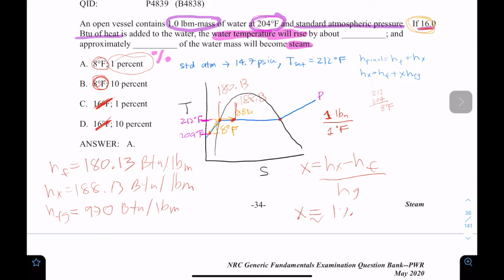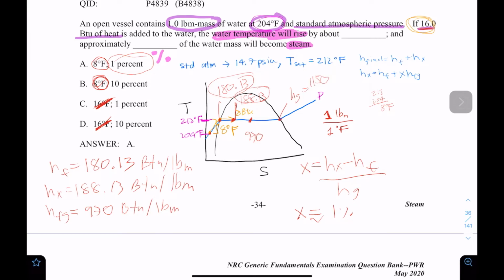And you can see the numbers, right? So if I'm at 180 here, I increase to 188, but here my HFG is 970. Also, my HG is 1150.